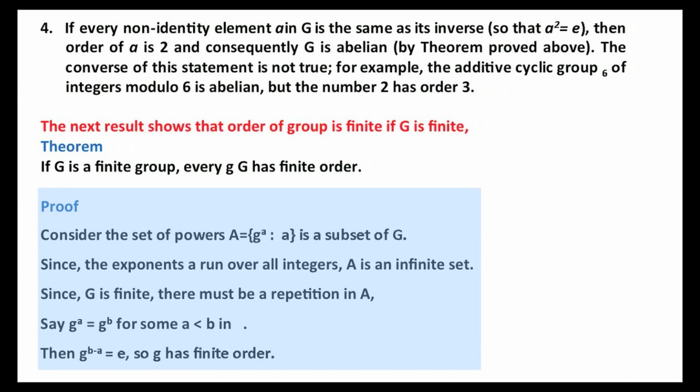Since G is finite, there must be a repetition in A. Say g to the power a is equivalent to g to the power b for some a less than b in Z. Then g to the power b minus a is equivalent to e. So g has finite order.